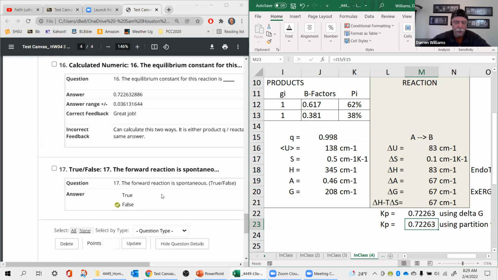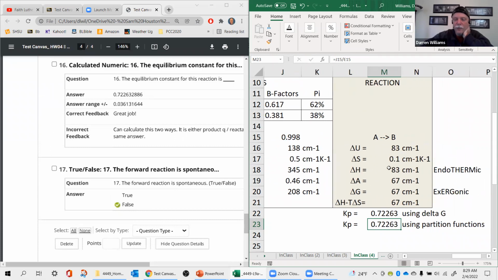And so is the forward reaction spontaneous? True, false? And so it's false. It's not spontaneous. The reverse reaction would be spontaneous. We have a positive delta G, so it's not spontaneous. And then we have a positive delta H, and so that's endothermic.